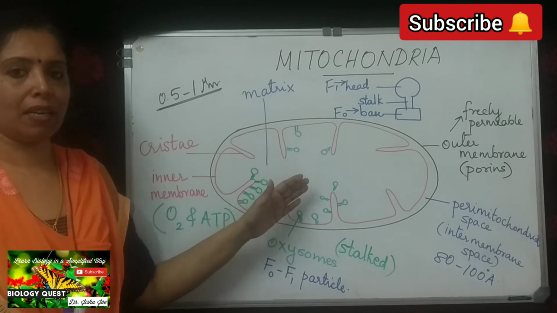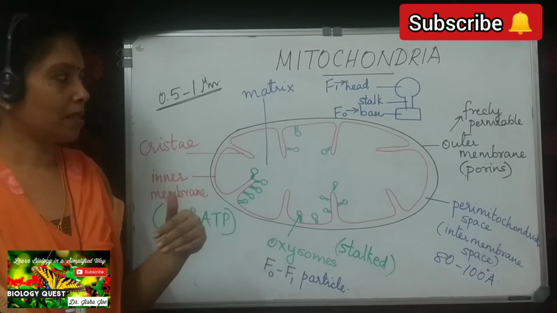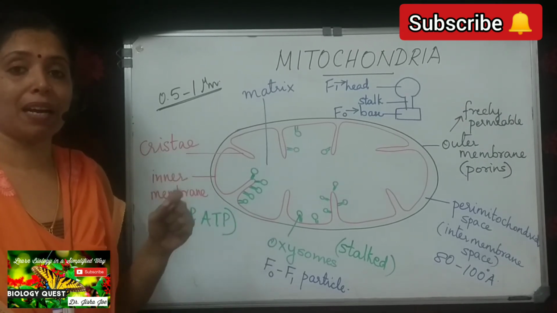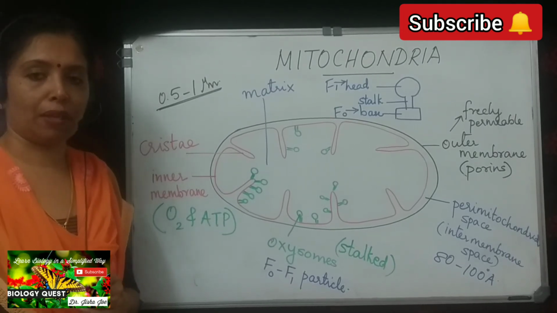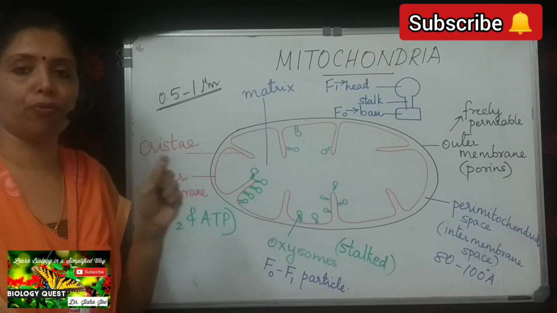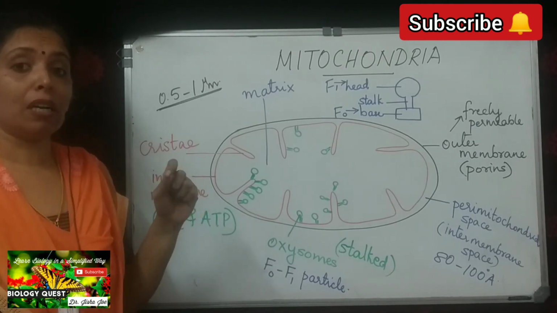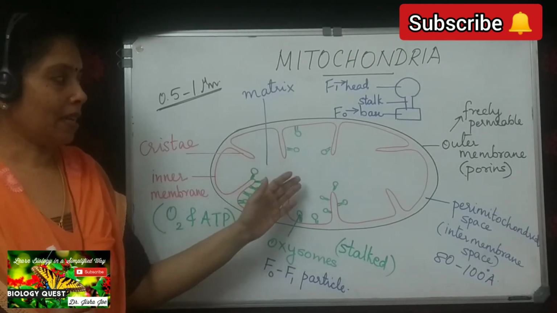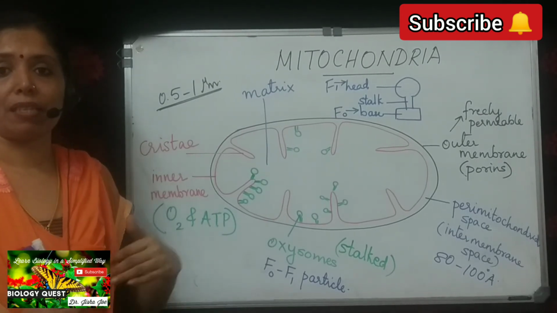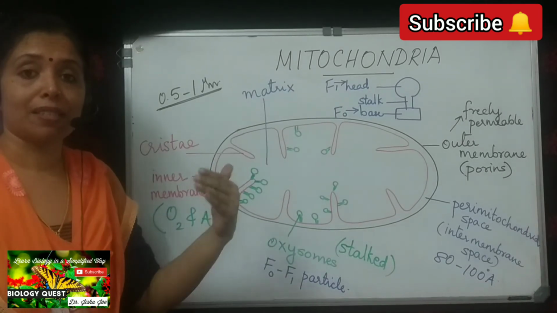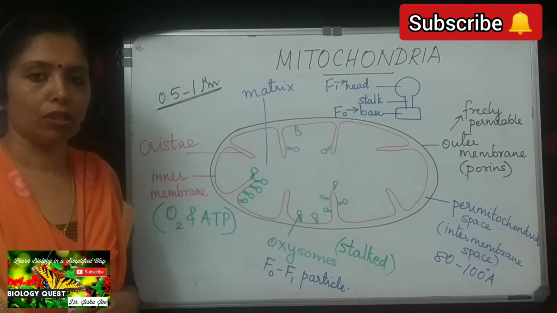The presence of DNA inside the mitochondria enables the mitochondrion to multiply, and this process of replication is by fission. Multiplication of the mitochondrion occurs by fission during the G2 phase of the cell cycle. In G2 phase, the DNA inside the mitochondria duplicates, and the mitochondria also duplicate, so that after the cell division, nuclear division, the mitochondria get distributed to the two daughter cells.